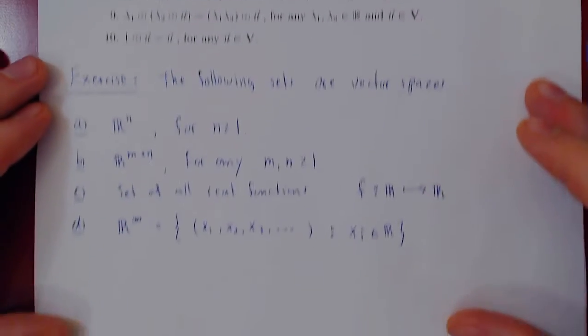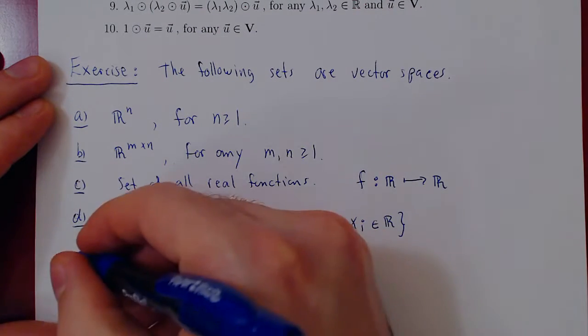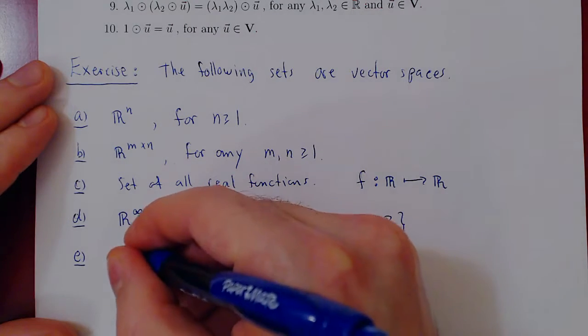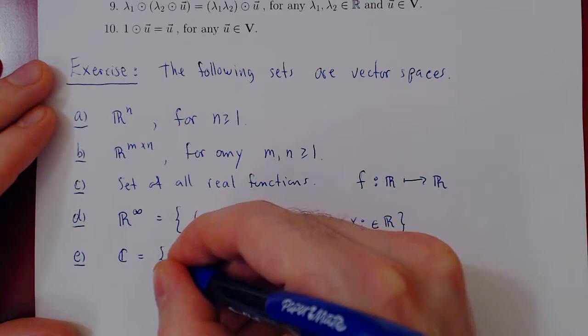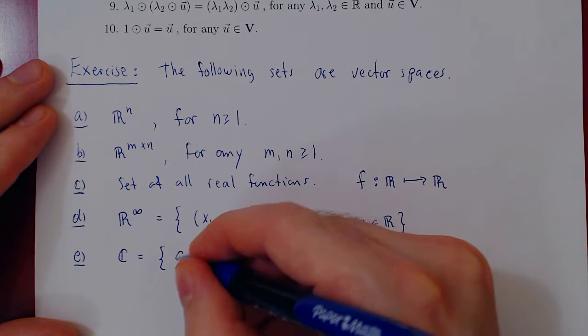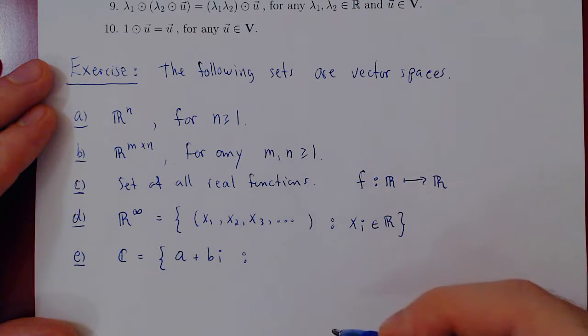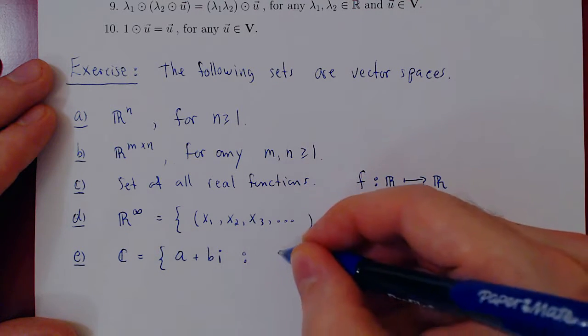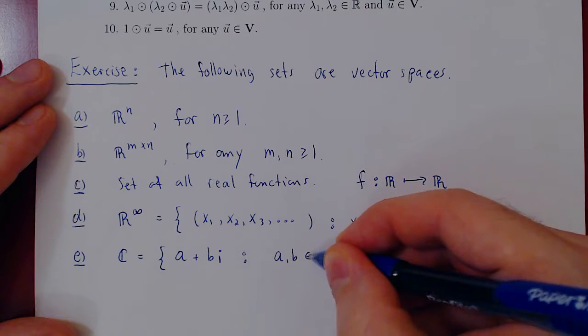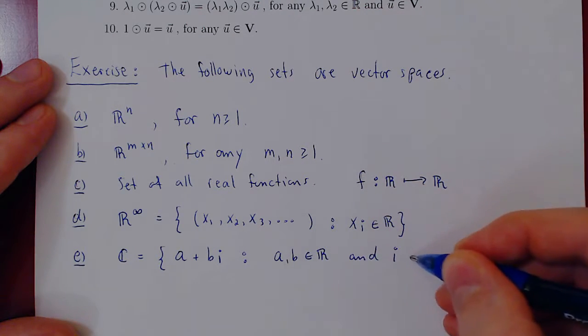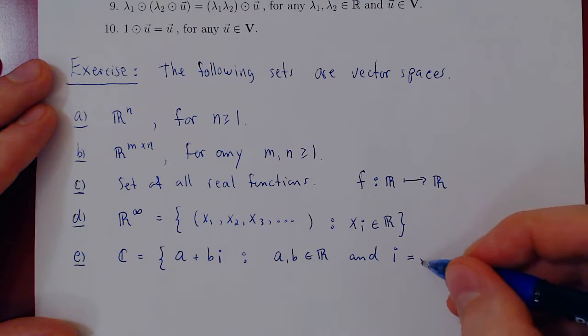And I'll give you one last example. This is one you may not have seen before, but the set of complex numbers. Complex numbers are numbers of the form a plus bi, where a and b are arbitrary real numbers, and i is the square root of -1.